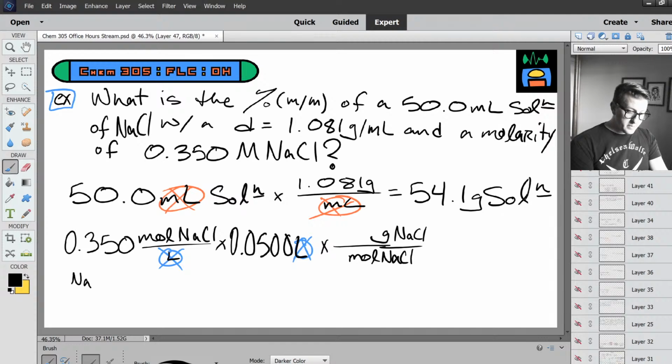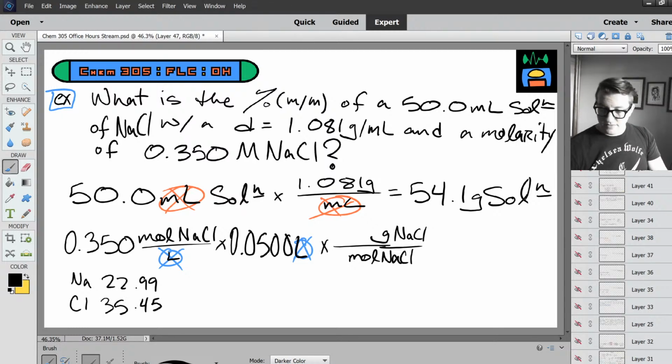Sodium has an atomic mass of 22.99. Chlorine is 35.45. So let's go ahead and add these two together. 22.99 plus 35.45 is 58.44 grams per mole.